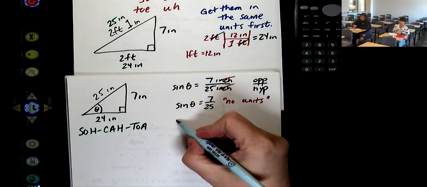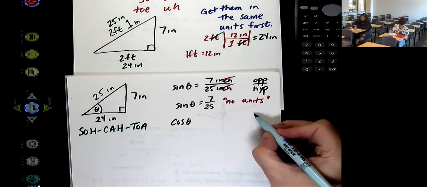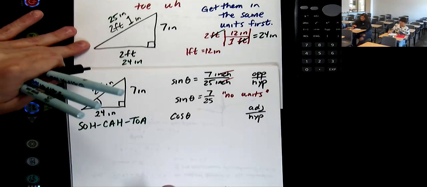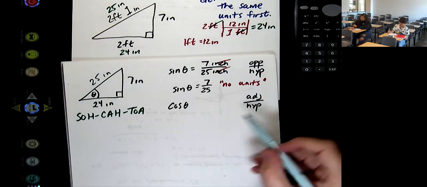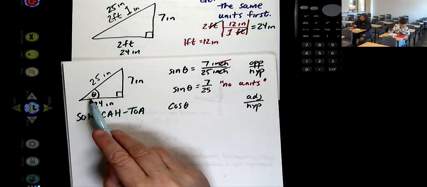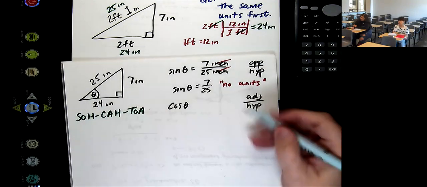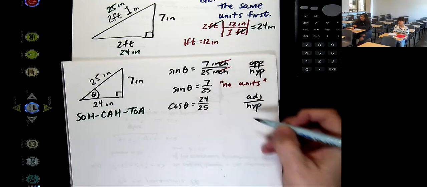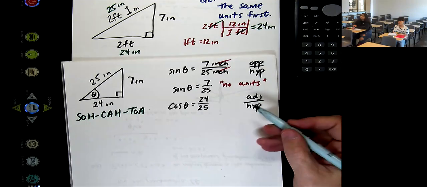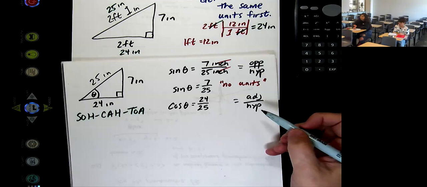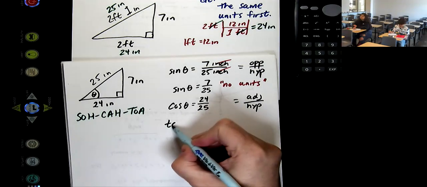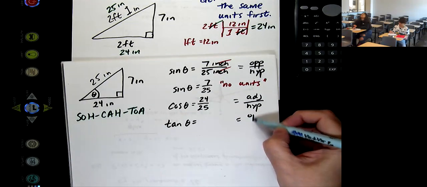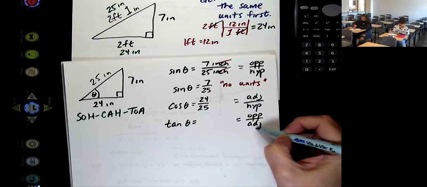Cosine of theta is adjacent over hypotenuse. The side adjacent to theta that isn't the hypotenuse is the 24. So I have 24 over 25. That's cosine of theta. Then we have tangent of theta equals opposite over adjacent, TOA.